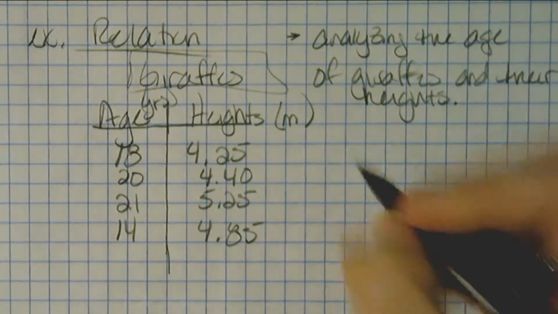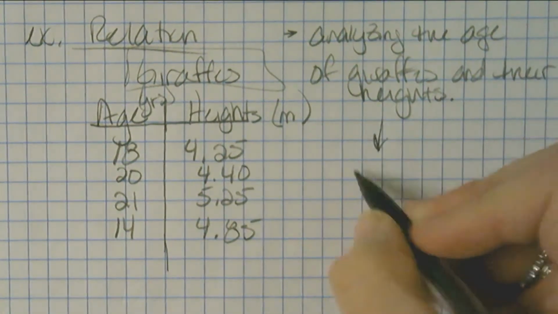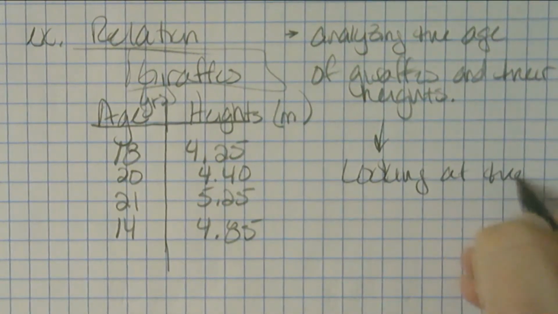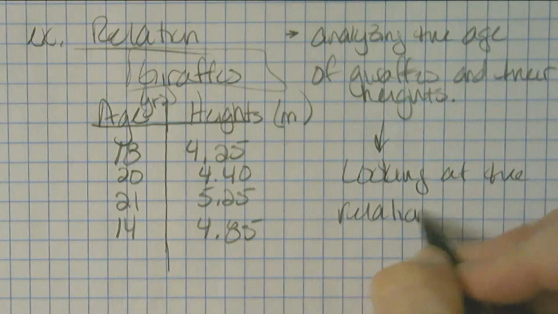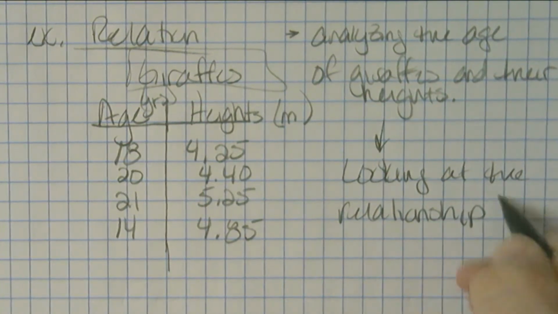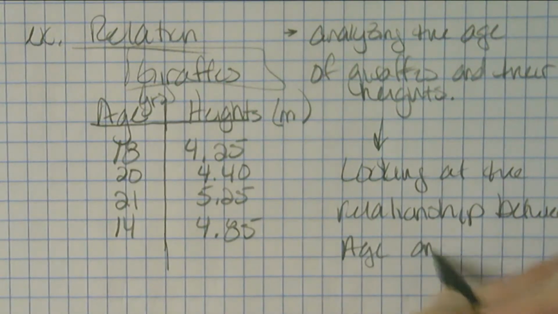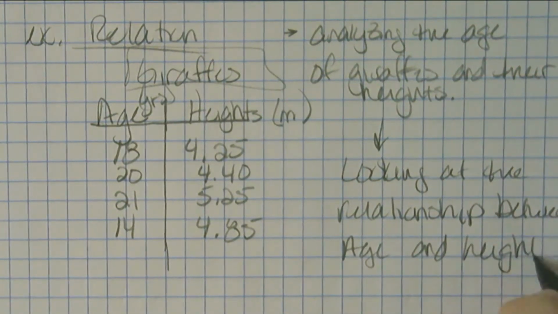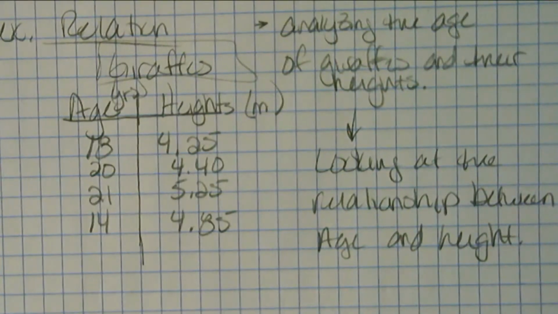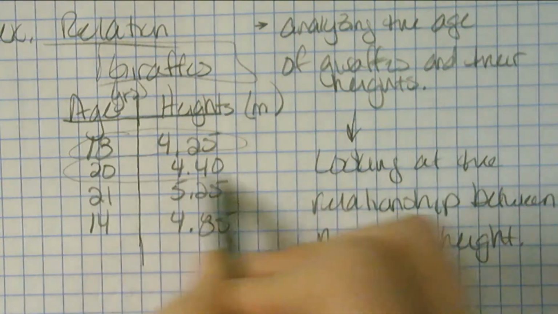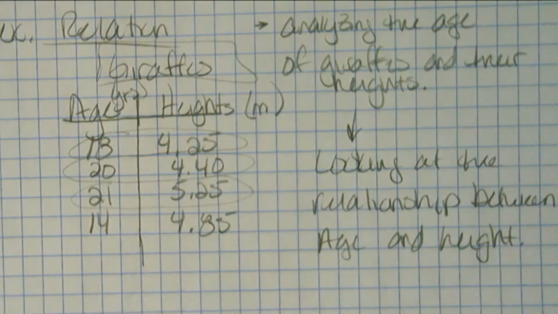This is a relation, because we are looking at the relationship between age and height. Each one of these can be written as a coordinate point.